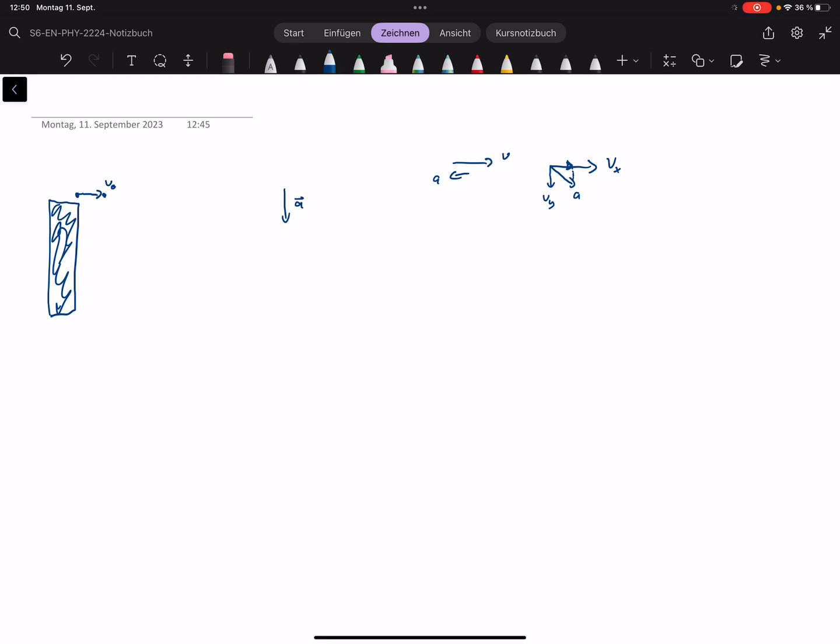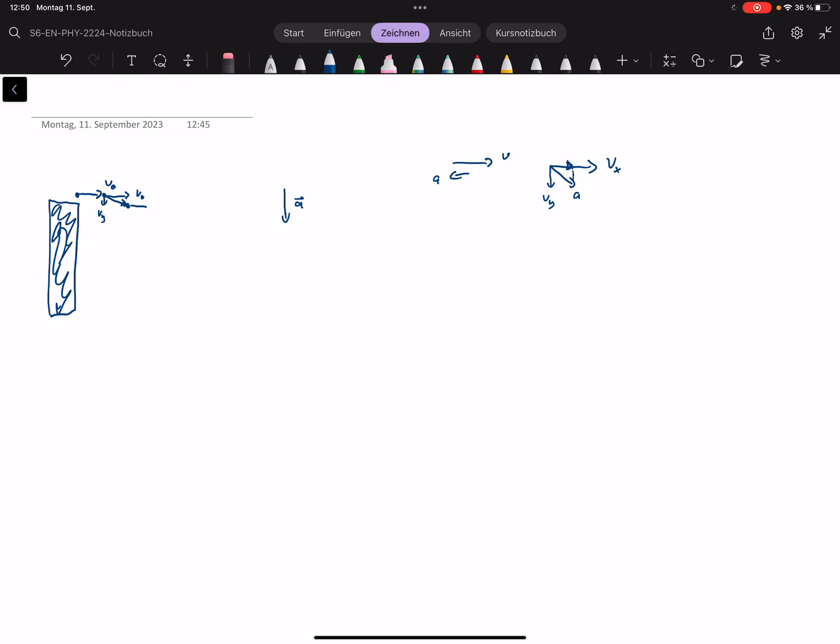We just figured out that v0 has to remain constant because the acceleration only acts in y direction. But that means this acceleration is another speed in y direction. And now the sum of both velocity vectors is the total velocity. So the object after the second time period would end up here.